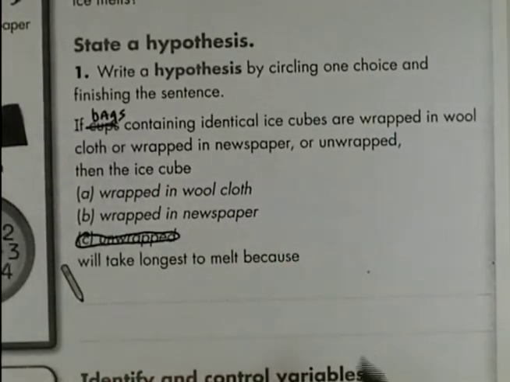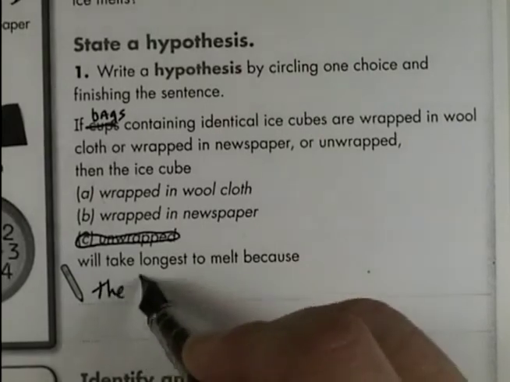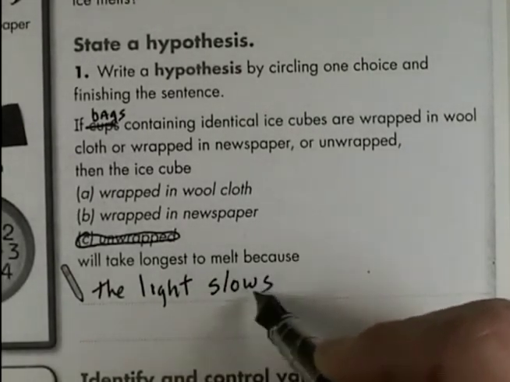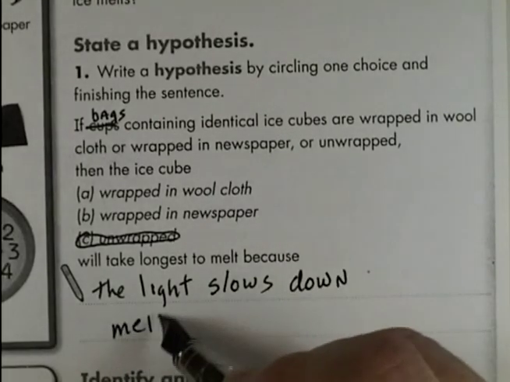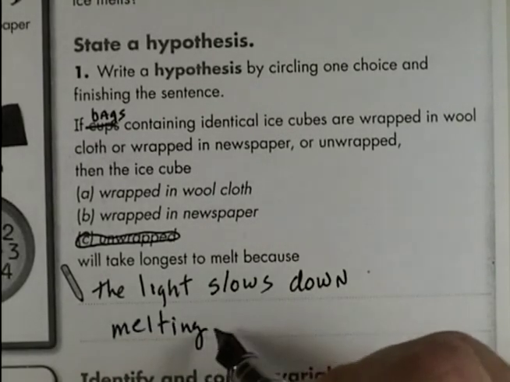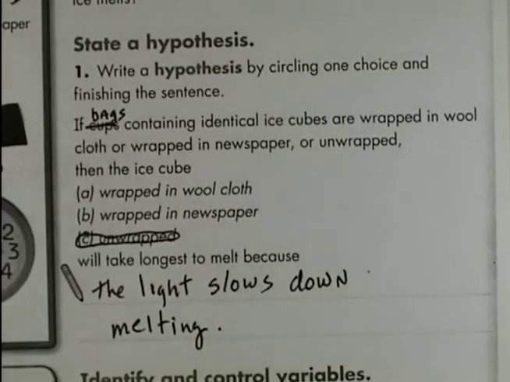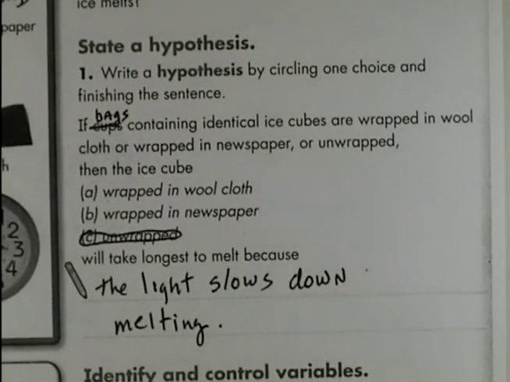I think unwrapped, it will take the longest to melt because the light slows down melting. That's what I think. I'm going to try to use science methods to prove it. So you select A, B, or C and give us a reason to complete your hypothesis.